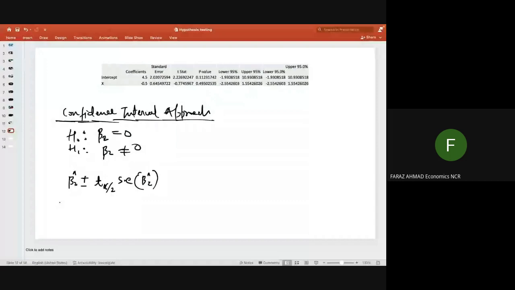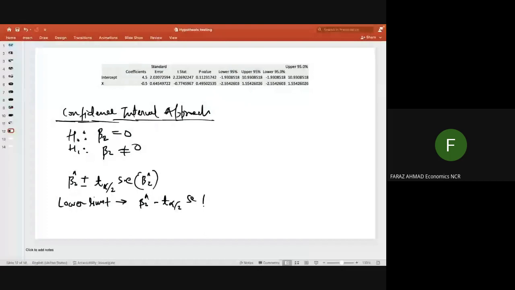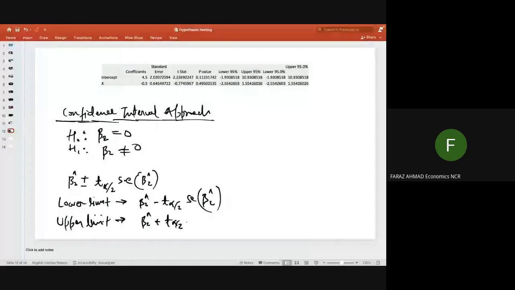So lower limit is going to be beta 2 hat minus T alpha by 2 standard error beta 2 hat. And the upper limit is going to be beta 2 hat plus T alpha by 2 times standard error beta 2 hat, right?